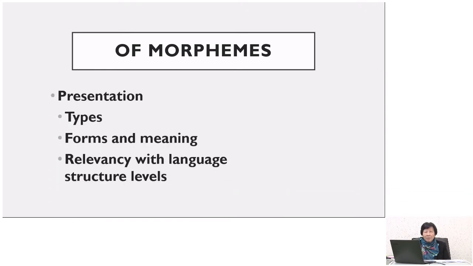After your analysis, you have to present what you have found. What are you going to tell when you do morphology? You have to present the types of morphemes, as many as possible.